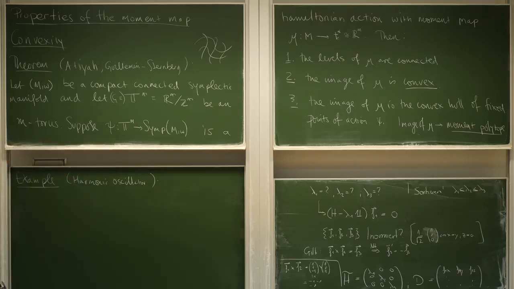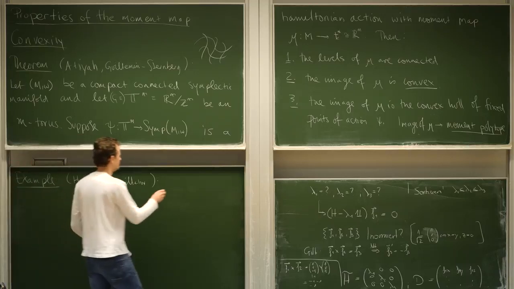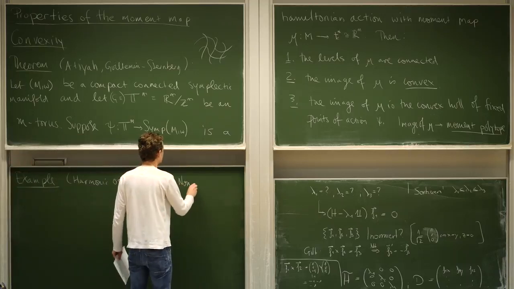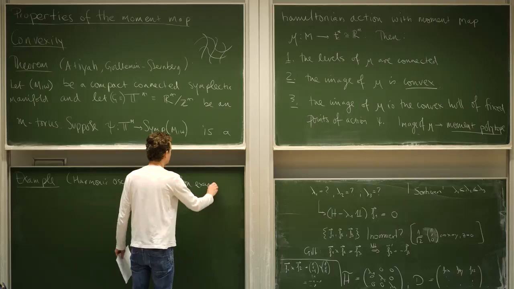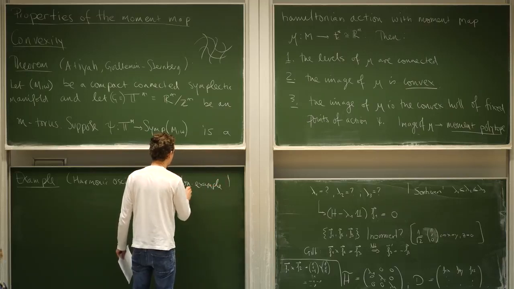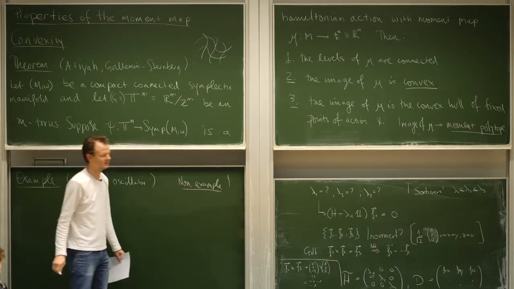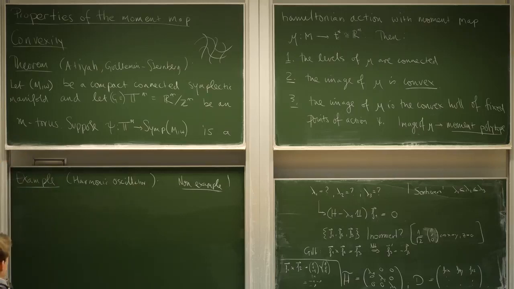The harmonic oscillator is kind of a non-example. But the harmonic oscillator has so many nice properties, it ends up sort of illustrating these results in a very convenient way. So this is the non-example.